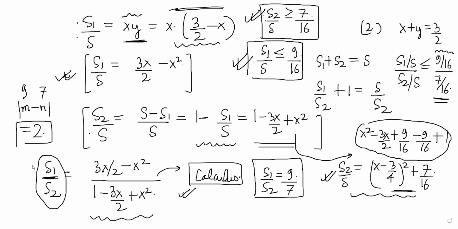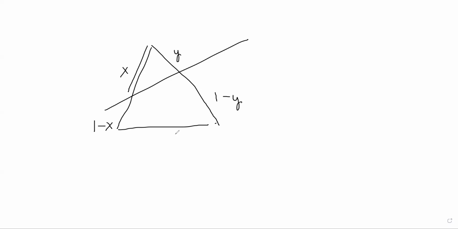But remember how we understood the problem? There was a triangle, there was a random line that was cutting it into two parts. We said that it divided the side in the parts x and 1 minus x, y and 1 minus y, and the perimeters of these two were supposed to be equal. This triangle's perimeter and this perimeter was supposed to be equal. That gave us x plus y is 3 by 2.